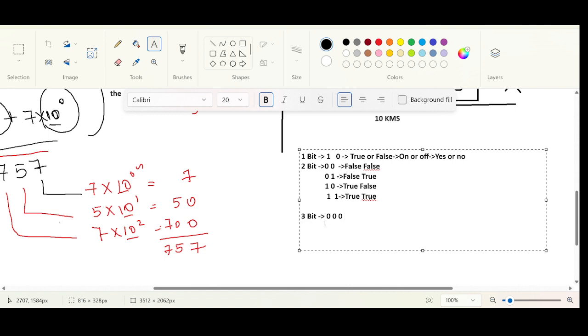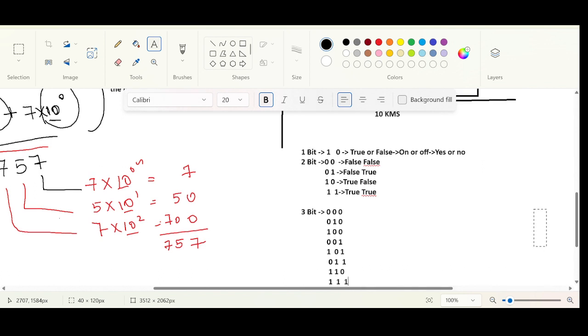It keeps going like that. 0, 0, 1. 0, 1, 0. 1, 0, 0. 1, 0, 1. 0, 1, 1. 1, 1, 0. 1, 1, 1.